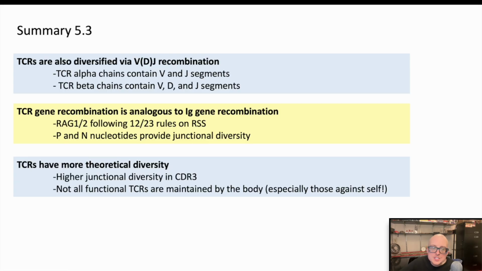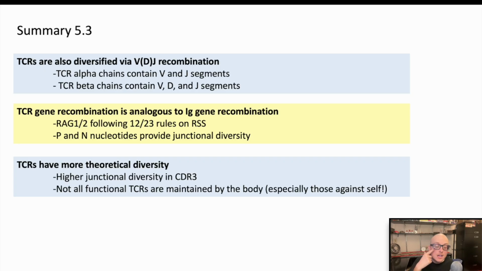However, overall, TCRs have more theoretical diversity, and that is mostly attributable to the higher junctional diversity in complementarity determining region 3 of the TCR, and that arises from the relatively higher expression of TDT during TCR beta chain recombination. And that gives us a really staggering number of possible TCRs that we can make, at least 10 to the 15th.